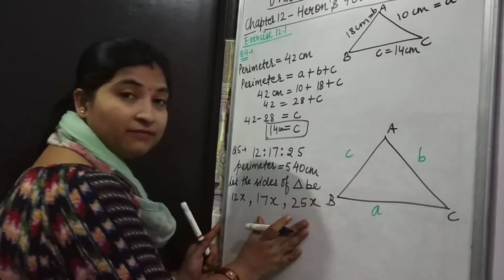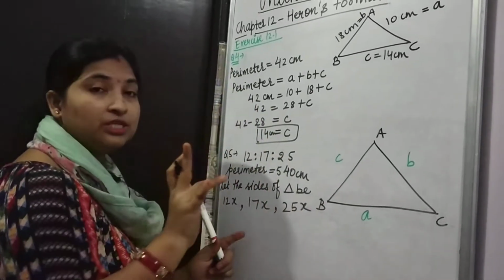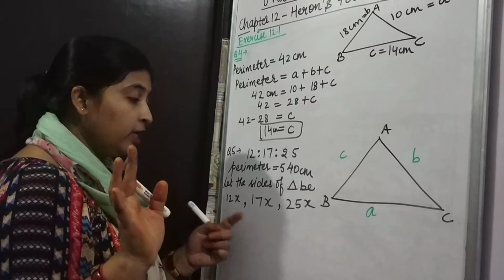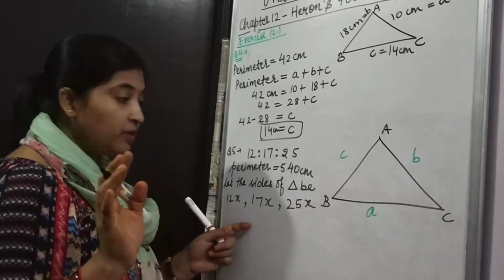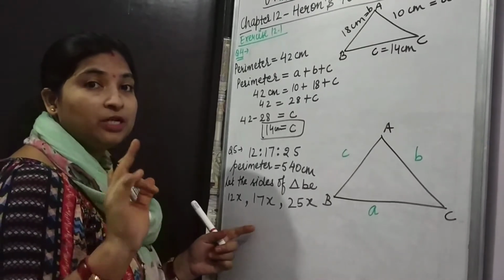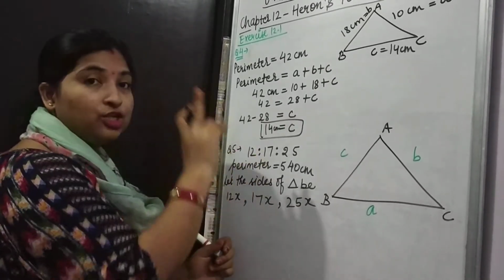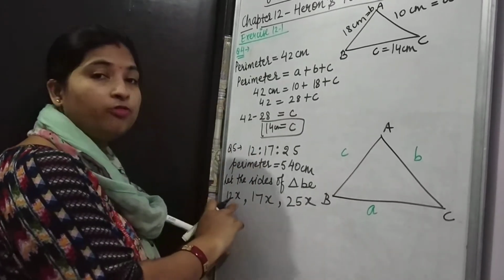This concept we have done in 8th class in the geometry section, chapter 4. I remember even the chapter name, quadrilaterals and its properties, in parallelogram. Two sides' ratios were given and we were assuming them in the form of x.